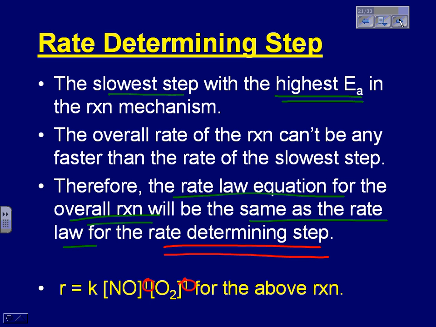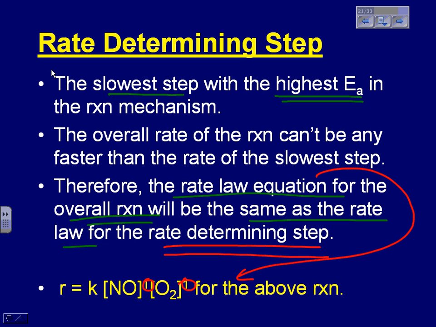All right, and that's because the slowest step determines it, and the rate law will be that. So this is how our theory can hopefully connect with our experimental determination. So that's very important.